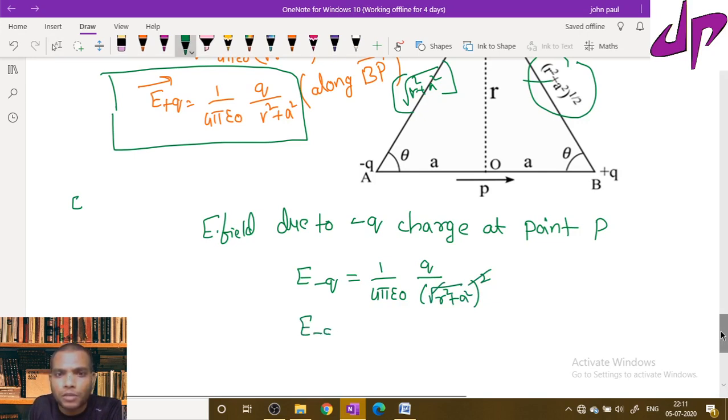Electric field due to minus q charge equal to 1 over 4 pi epsilon naught times q by r square plus a square.